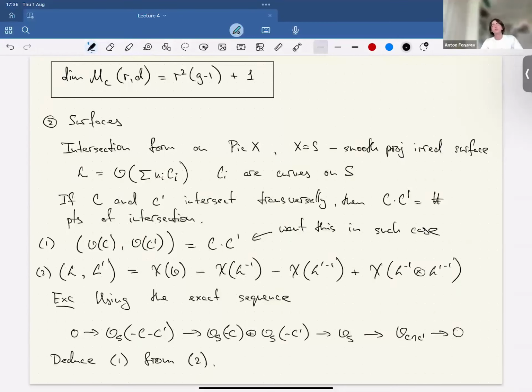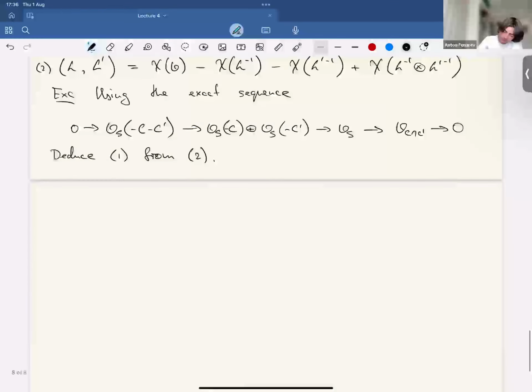So for instance, 2 satisfies the properties that we want. So moreover, one can check.